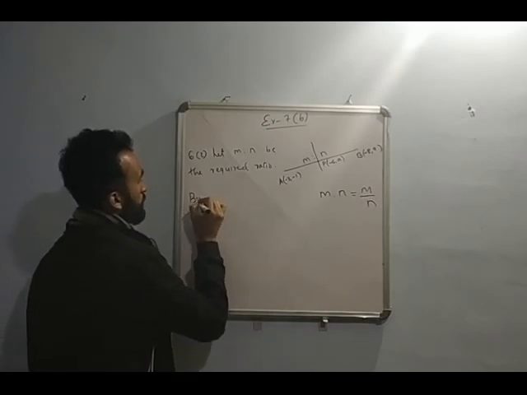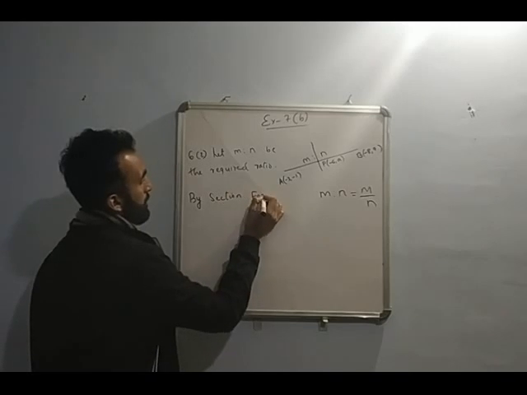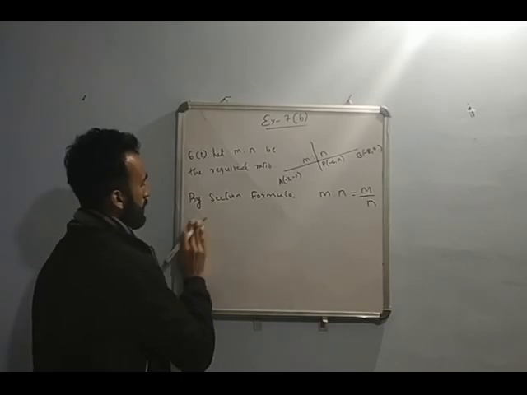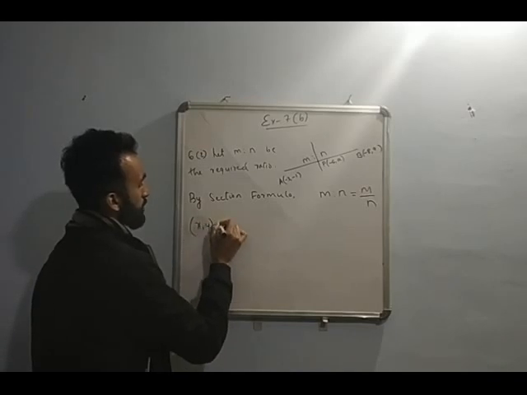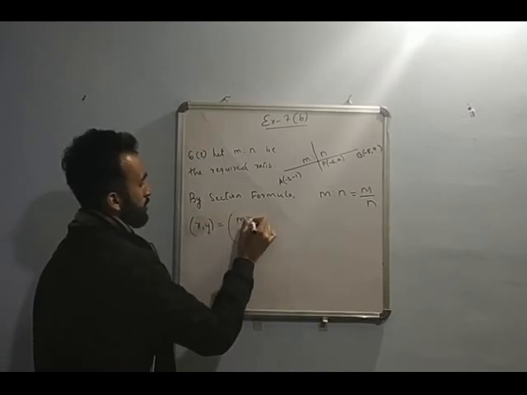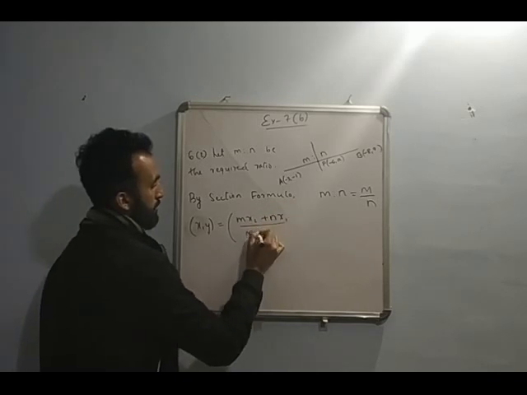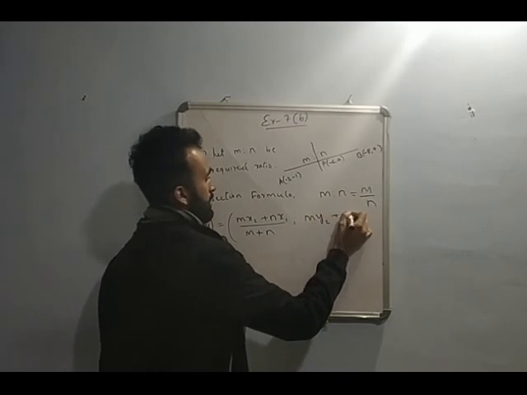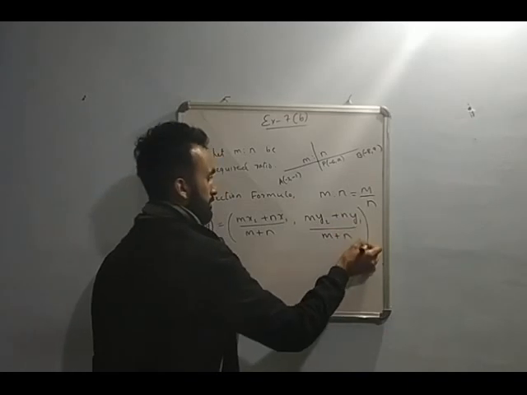By section formula, x comma y equals to, let me write down the formula first. x comma y is equal to mx2 plus nx1 divided by m plus n comma my2 plus ny1 divided by m plus n.